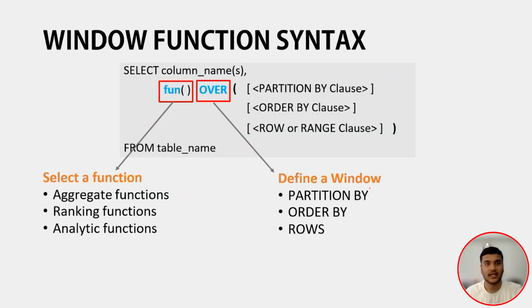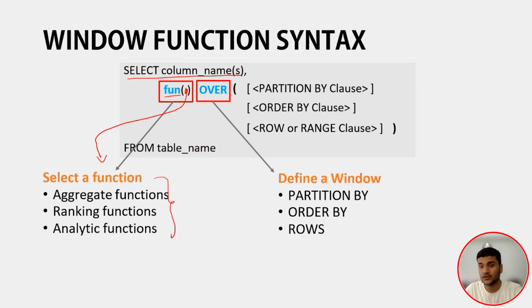So how do we use that? What is the syntax of a Windows function? Here we first use a column name, whichever column you want to apply the window function on. Then I apply a function: an aggregation function, a ranking function, or an analytical function. These are the three types of functions I can use in a Windows function.